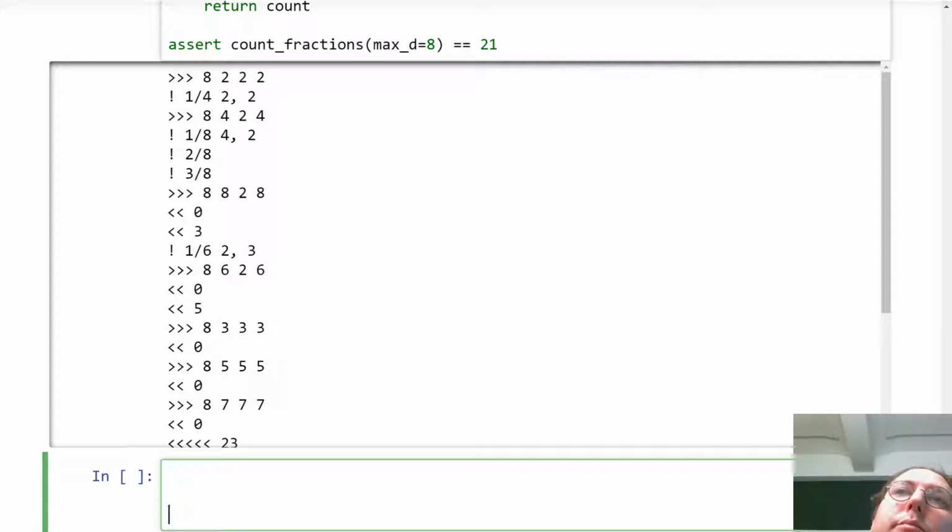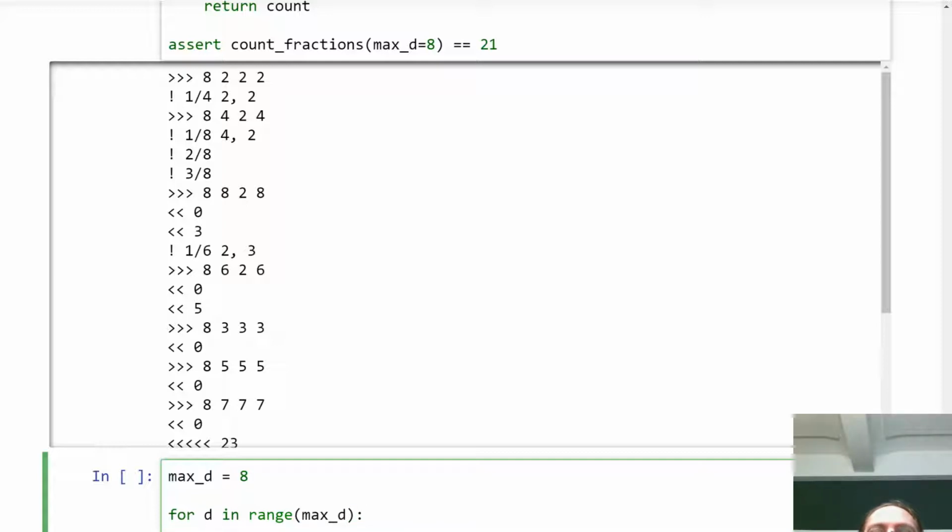You take every number until max d. Yeah. Say 8. Yeah. This is the denominator. Yeah, that's the denominator.